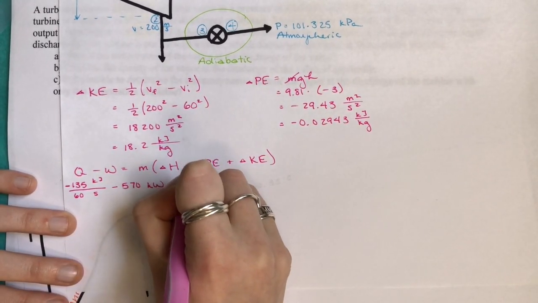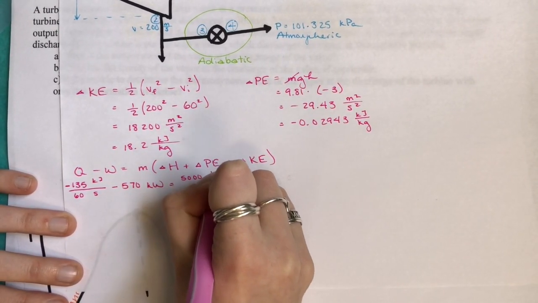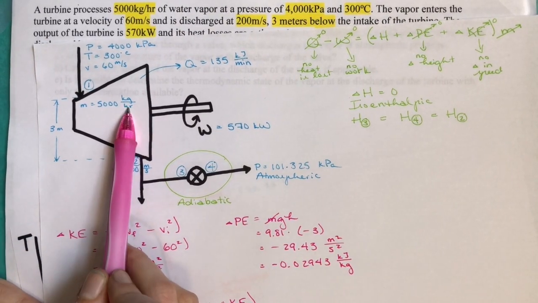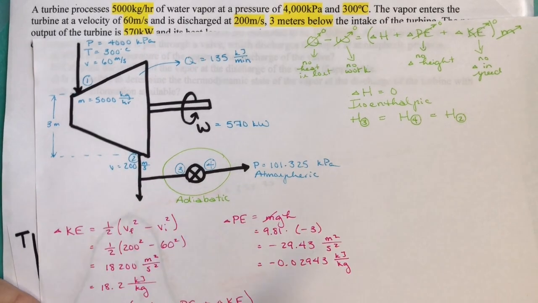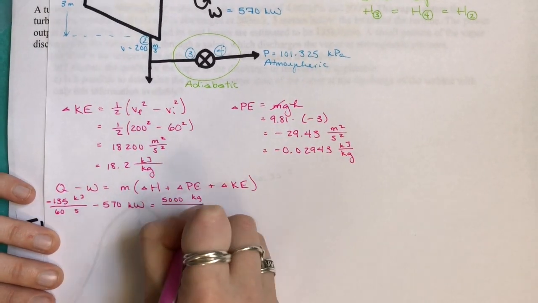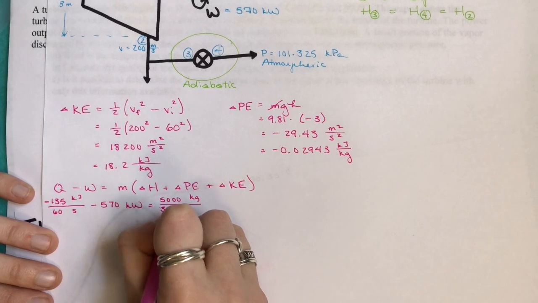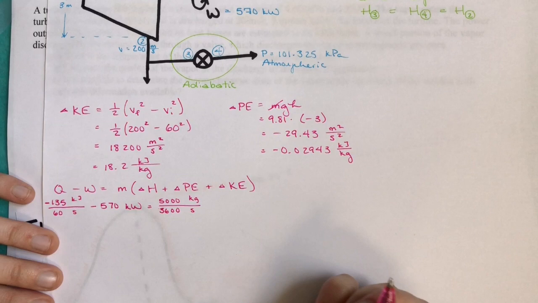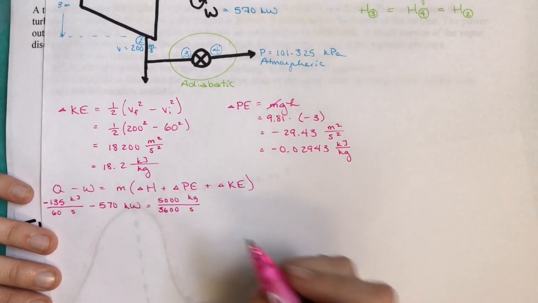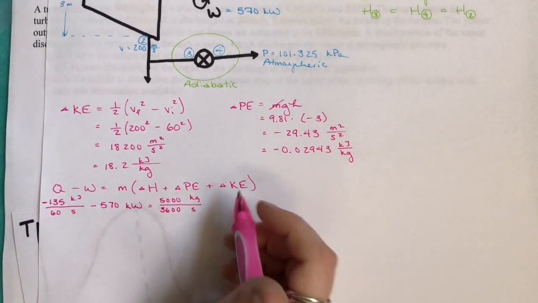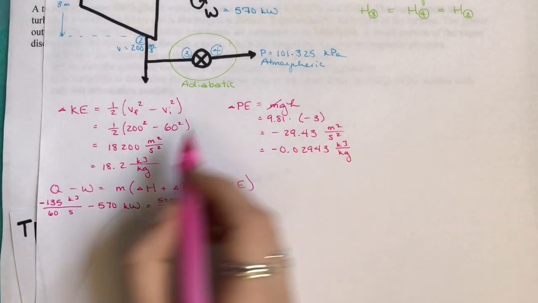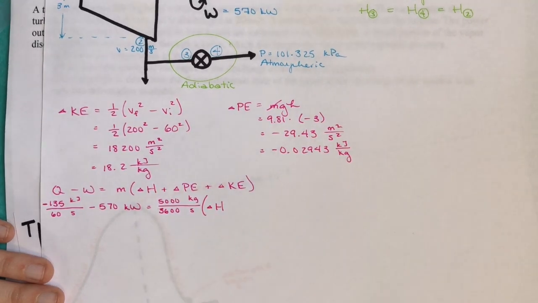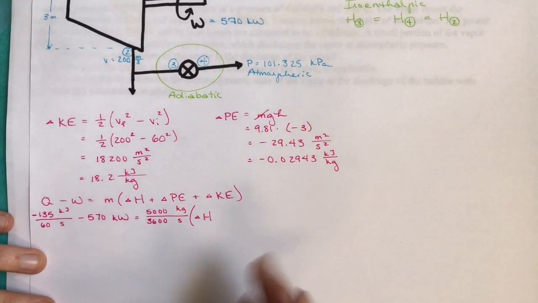We see that 5,000 kilograms are processed per hour. But again, we don't want hours, we want this in seconds too. So we're going to divide this by 3,600, the number of seconds in 1 hour. Now we have kilograms per second, which again is perfect. Now this is going to be multiplied by delta H. Eventually we want to solve for delta H, so we're going to leave that just as delta H.